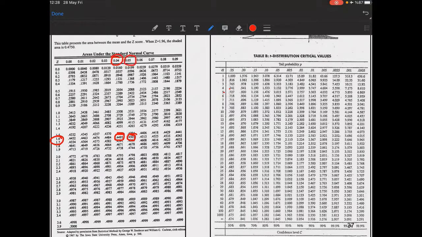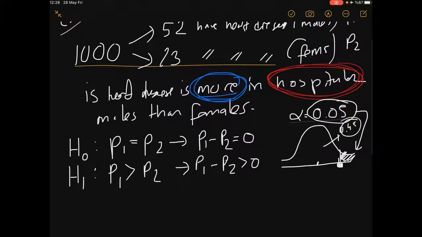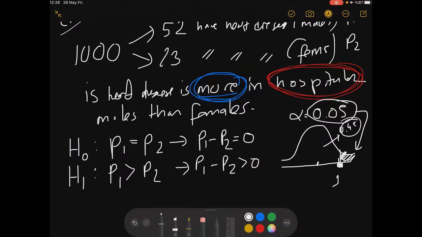Between 1.64 and 1.65, never memorize, okay? 1.645. Wonderful. This is what we're looking for, and this is your critical alpha here, which is 1.645. If we hit anywhere larger than this on the right hand side, we will reject our H0 hypothesis.